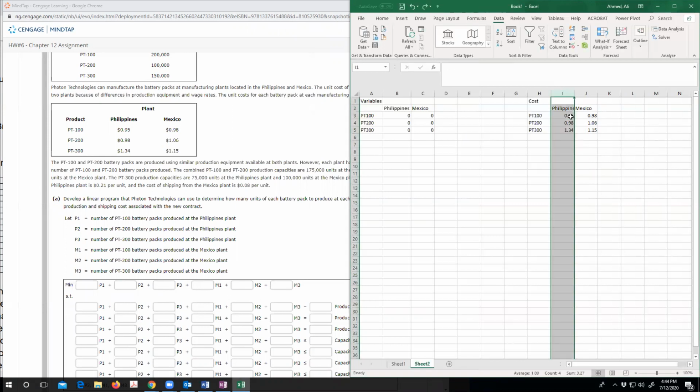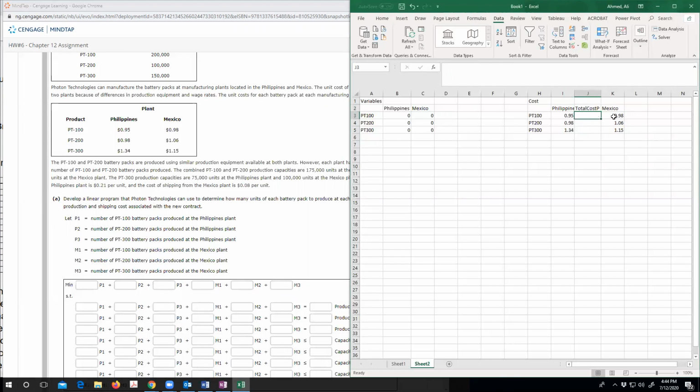If you think about the total cost, the Philippines cost and the total, each of them will cost 0.21, and for Mexico it will cost 0.08. So this one plus this, absolute.